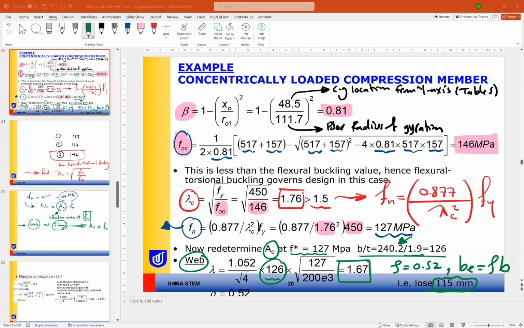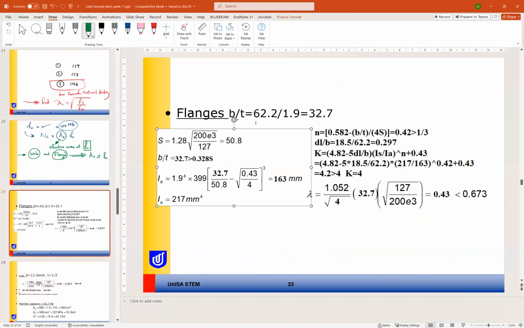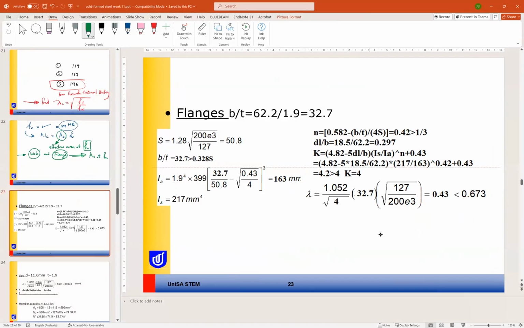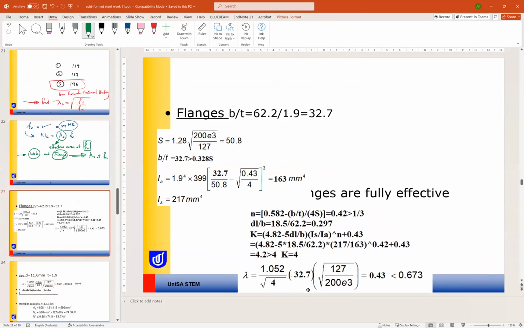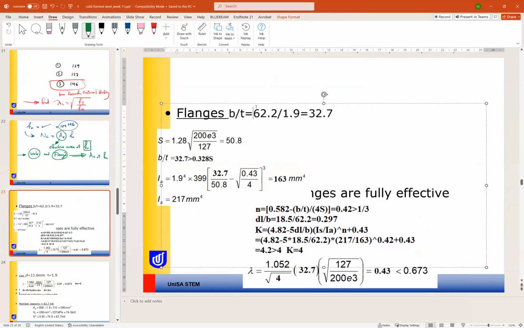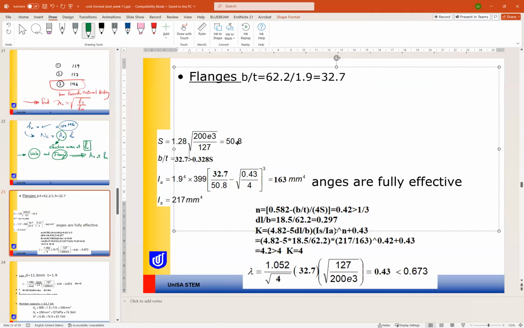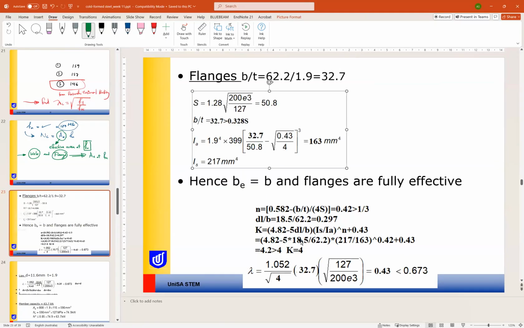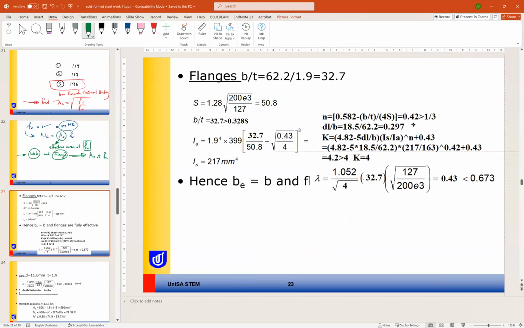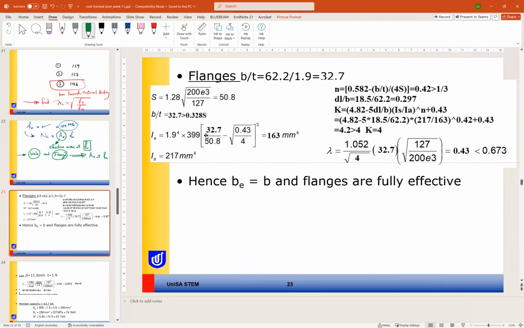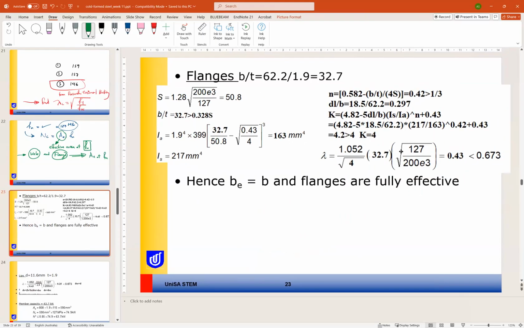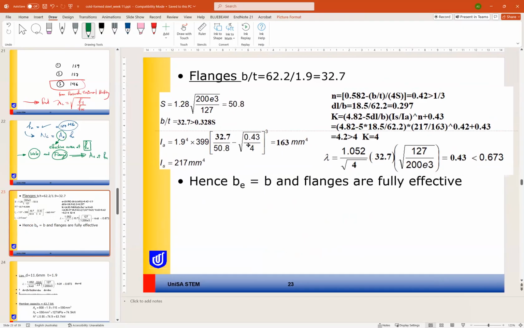Okay, so this is for the web. We need to do a similar thing for the flange. So for the flange, after calculation, I will jump to this one now.